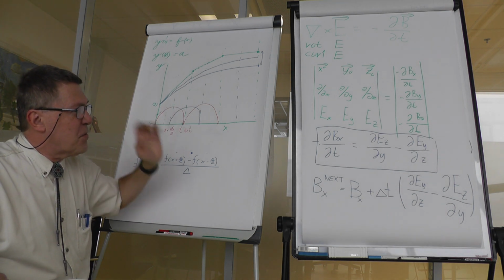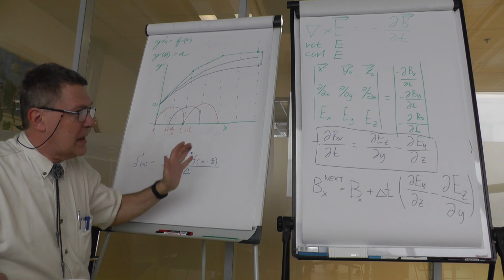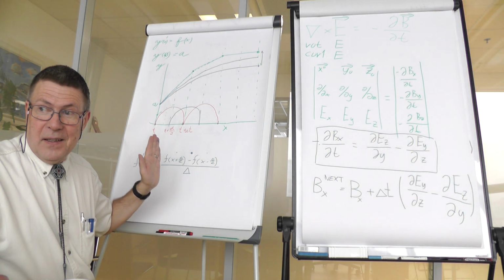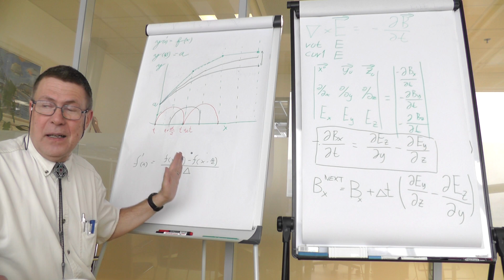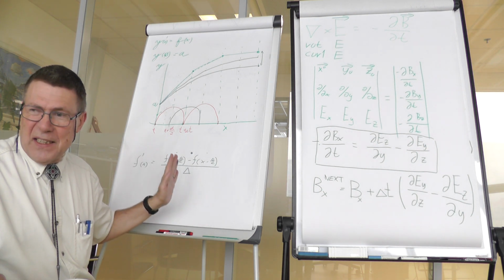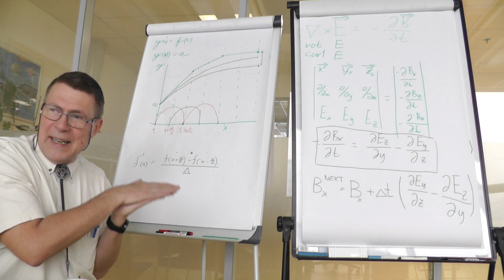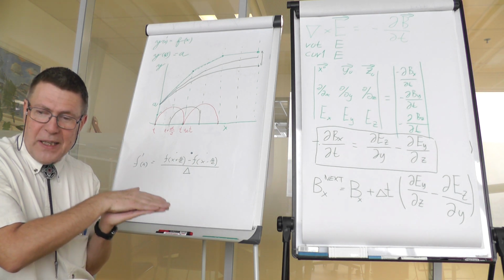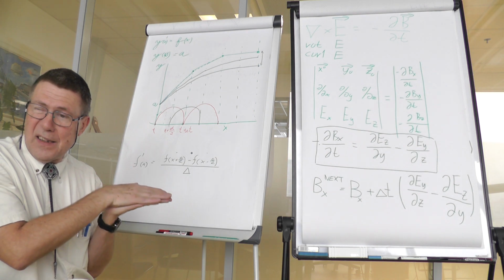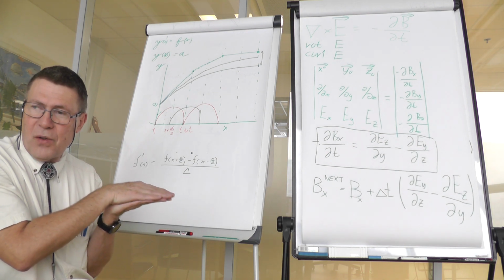Now, we will learn the equation later, but the important point is the way how we make the calculation. So 3 important ideas. We cut the space by a discretization grid. For simplicity at the beginning, let us consider that the grid is equidistant and the steps are the same in all 3 dimensions.